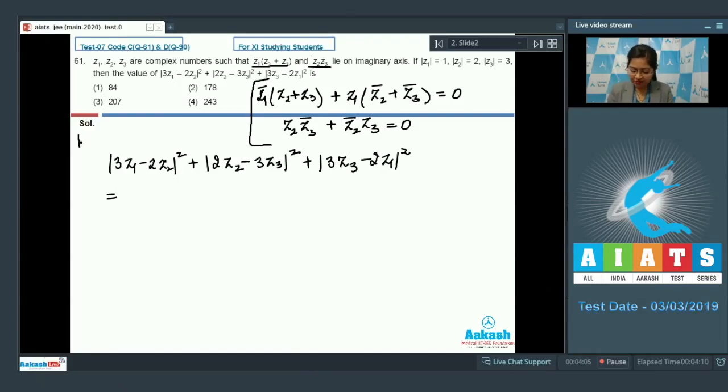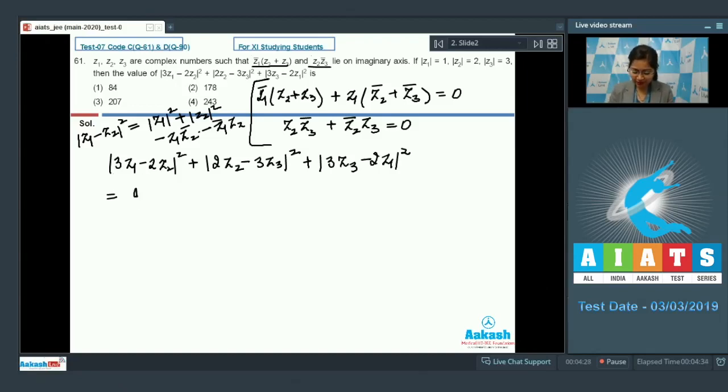Now, we know that modulus of Z1 minus Z2 whole square is equal to modulus of Z1 whole square plus modulus of Z2 whole square minus Z1 Z2 bar minus Z1 bar into Z2. In this manner, we will open all three squares.